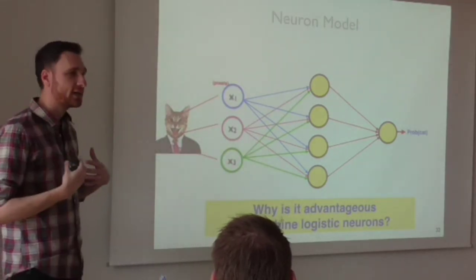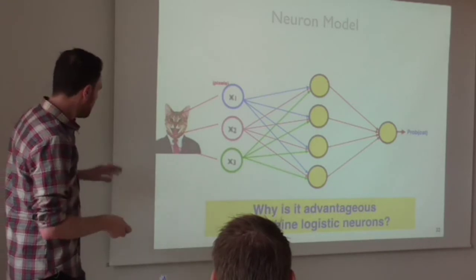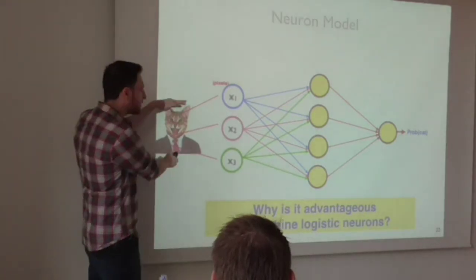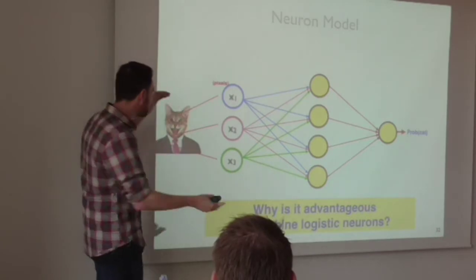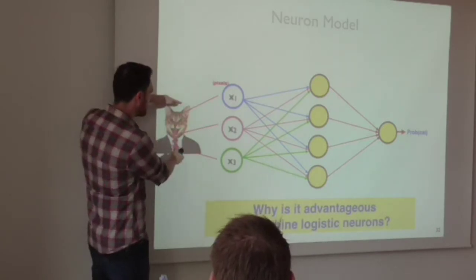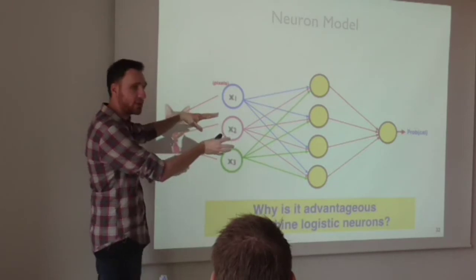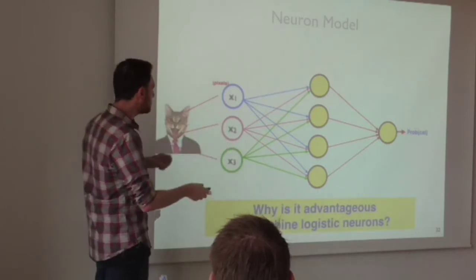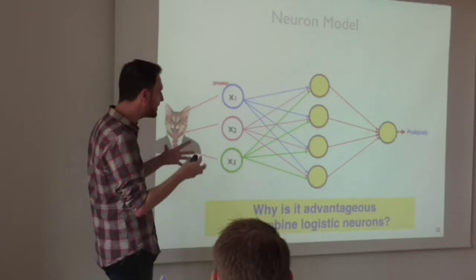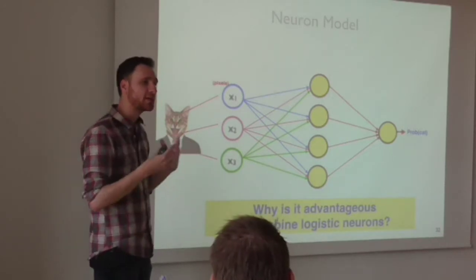My intuition about this is that if you analyze the pixels directly and you're trying to compute this crazy gigantic function that takes pixels as its inputs and tells you the probability, that's really difficult. It's really complicated to do. But let's suppose that we have these intermediate problems that are simpler to solve.